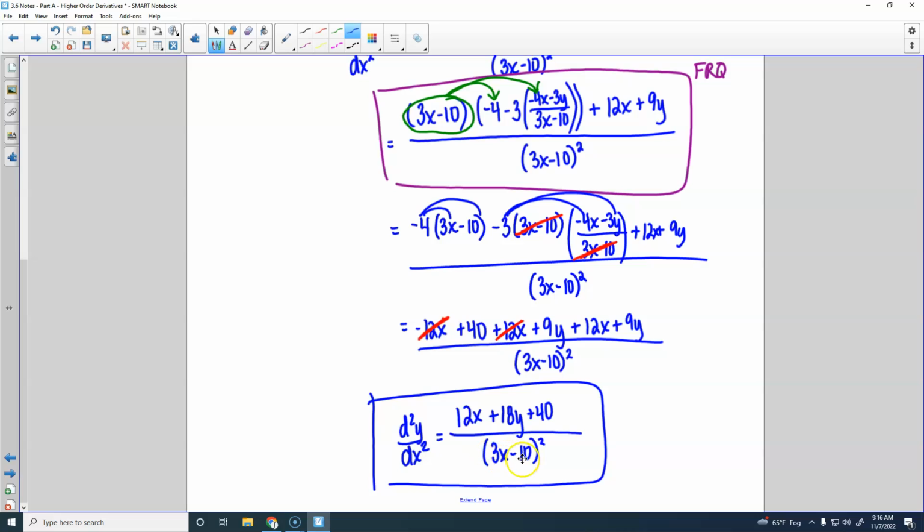So like right here, we just had 3x minus 10 squared. On the last one, it was like to the third power, but we still have that. So you'll see that happen a lot. All right, questions?